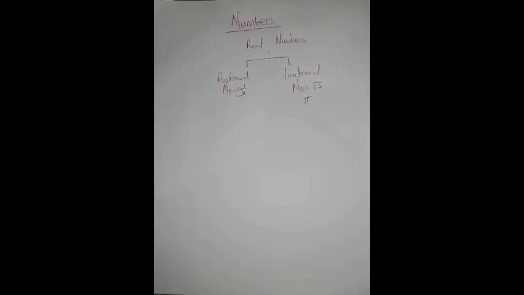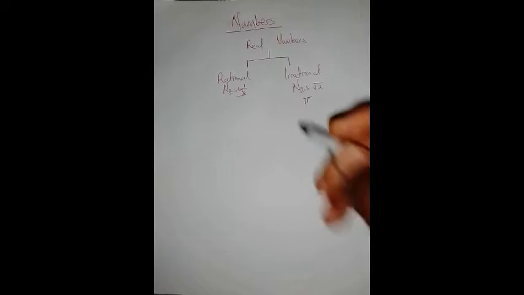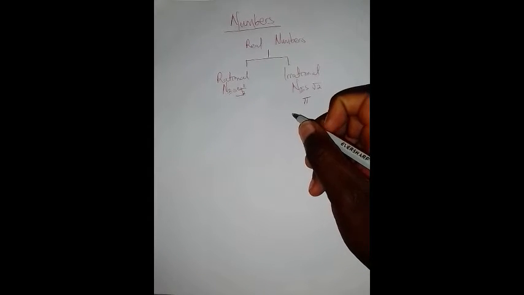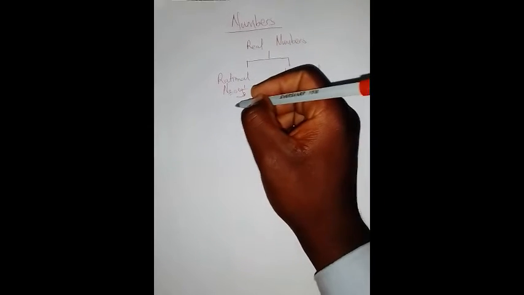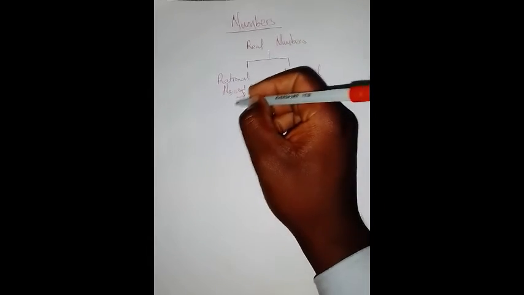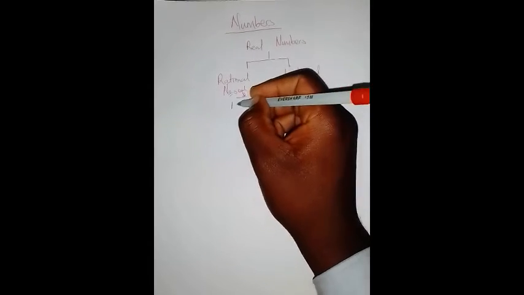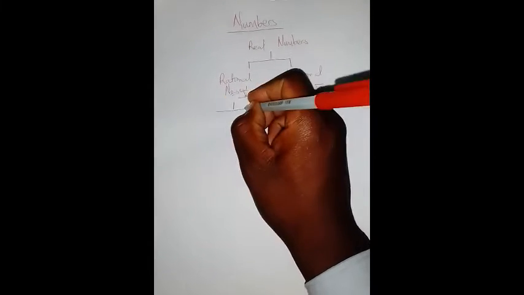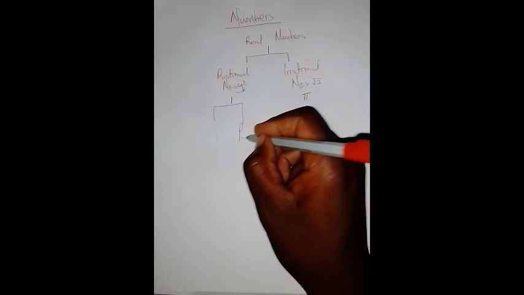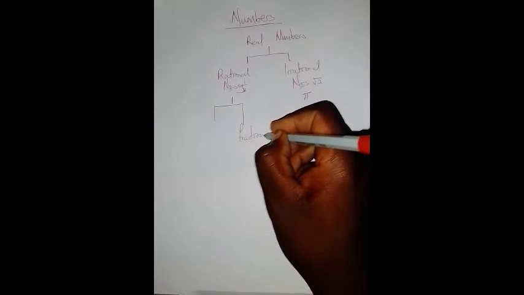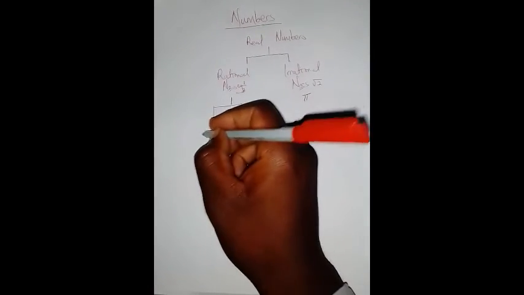And then after that, rational numbers are divided into two different groups again, which are fractions and integers.